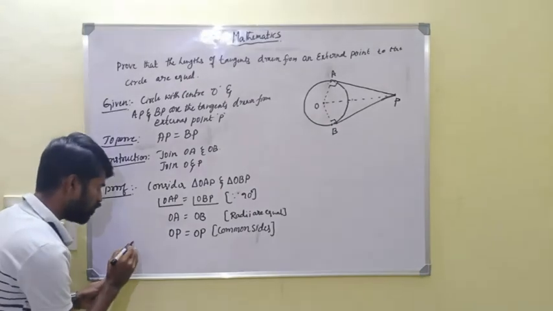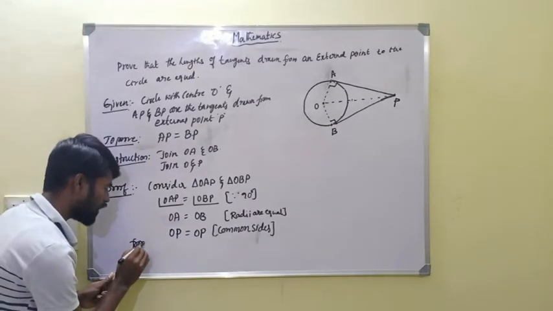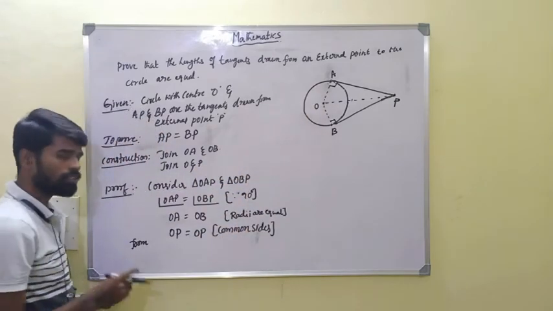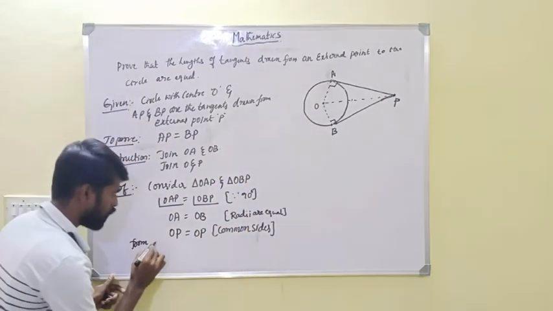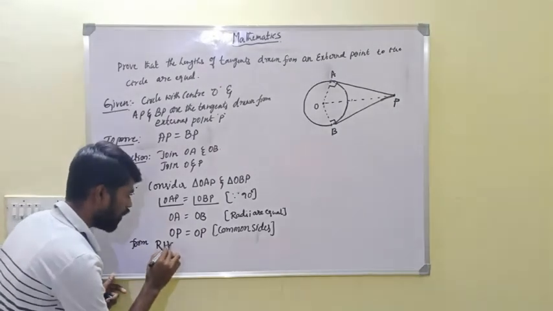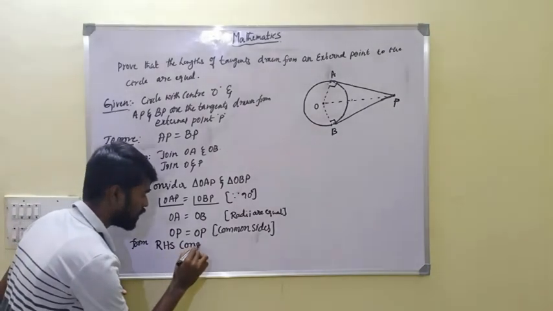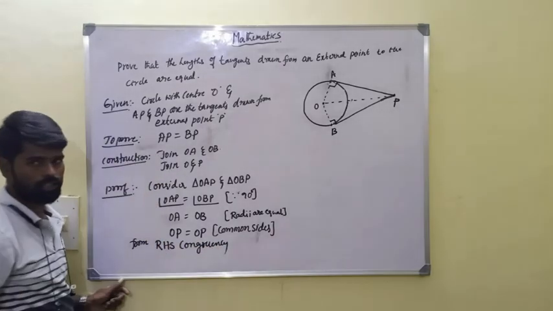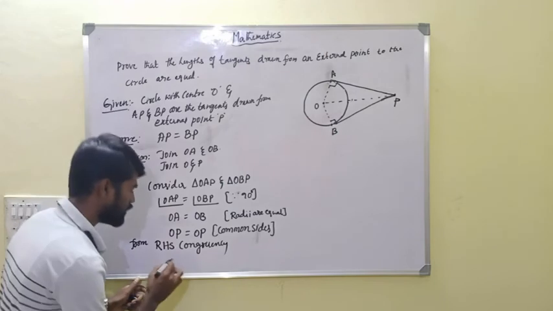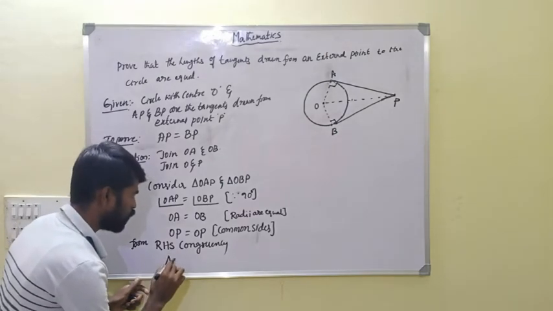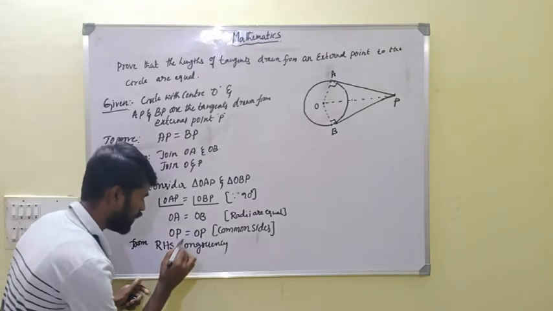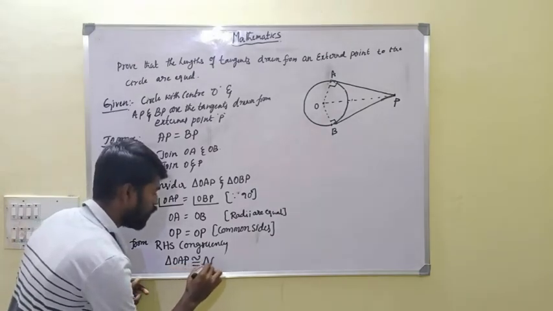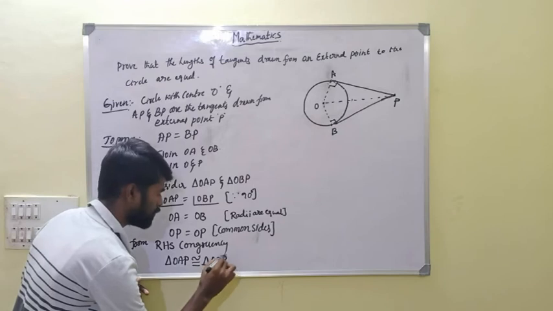So from which property can we say that these two triangles are congruent? That is RHS. From RHS congruency, we can say that triangle OAP is congruent to triangle OBP.